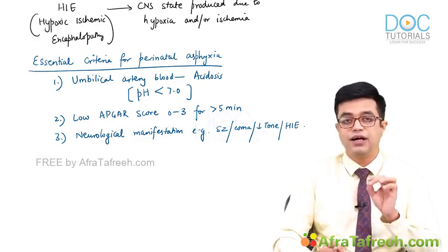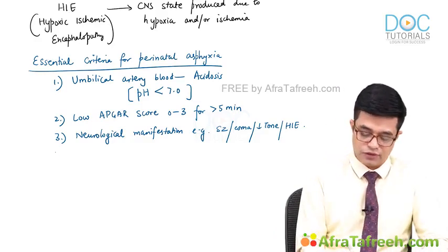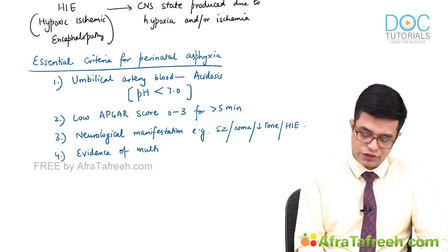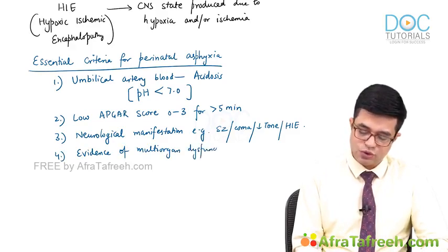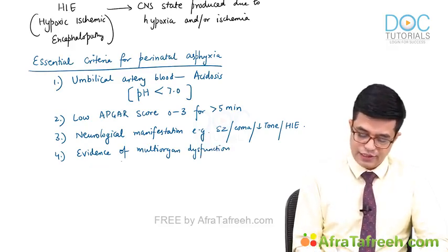And the fourth feature, other than neurological manifestation, is that at least one organ system should be involved. So the fourth criteria says evidence of multi-organ dysfunction. You will say multi-organ dysfunction when other than the CNS, at least one more system is involved. Multi-organ dysfunction can be in the form of any of the following.